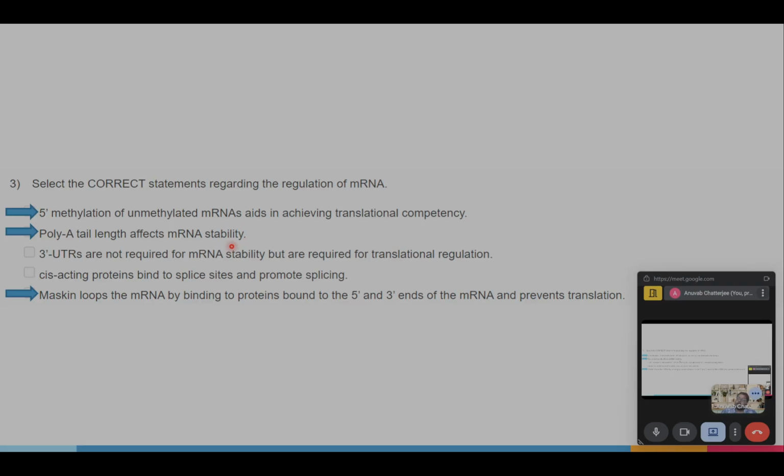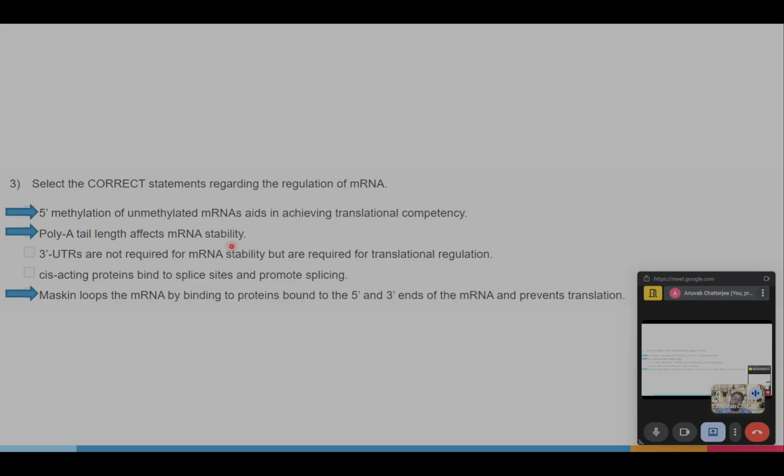Okay, coming back to this, the next option is poly A tail length affects mRNA stability. It obviously does. There are different nucleases which are known as exonucleases, which go around the entire cytoplasm. These guys start chopping up RNAs from one end. So the 5' end is protected by the 5' cap, because that bond cannot be broken by these nucleases, but they can bind to the 3' end and start chopping.